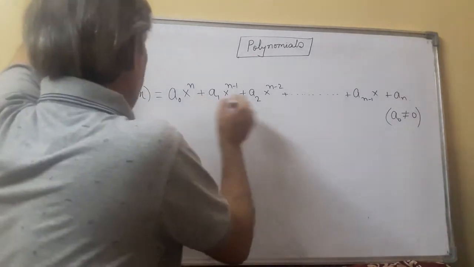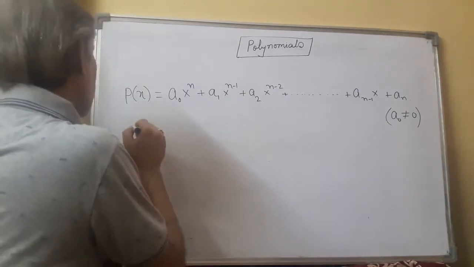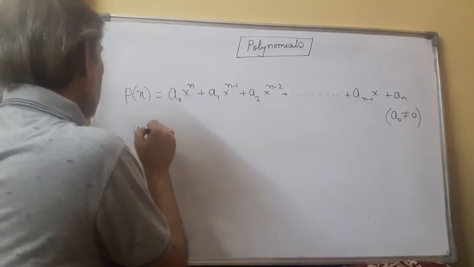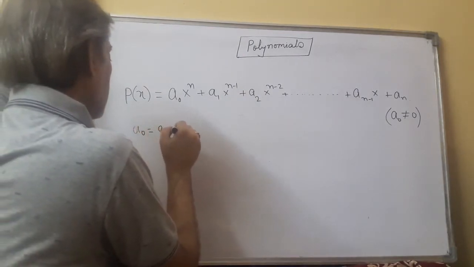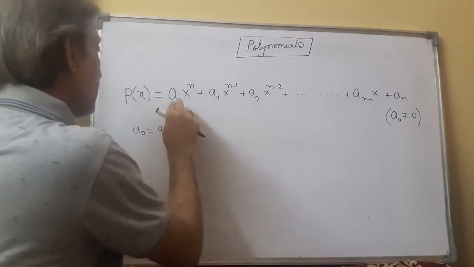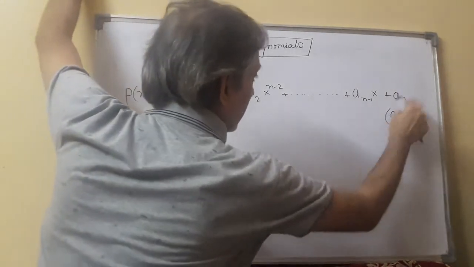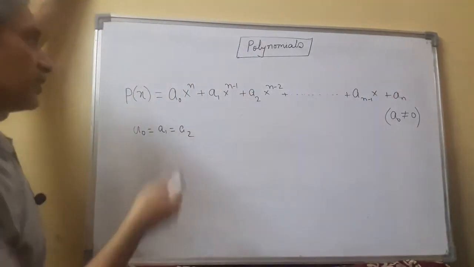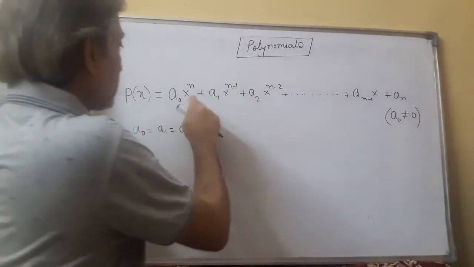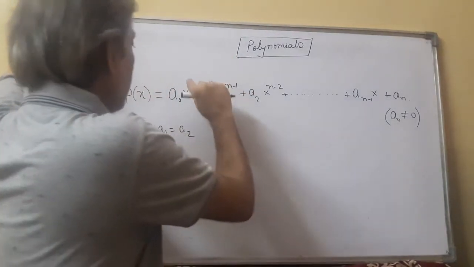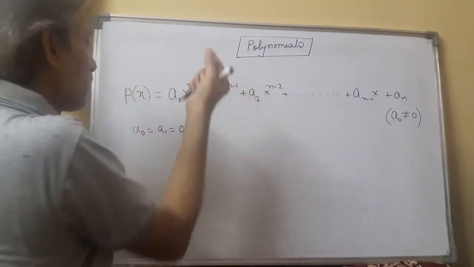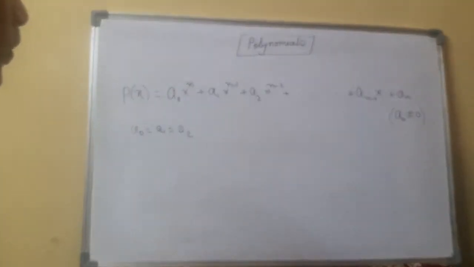Now look, in this equation a0, a1, a2, a3, a(n minus 1), an are constants. X is a variable, raised to the power n, and n is what? n is a whole number.